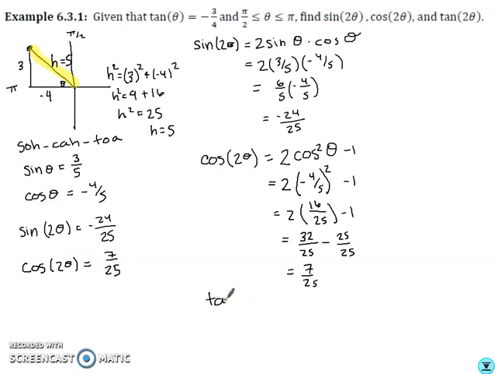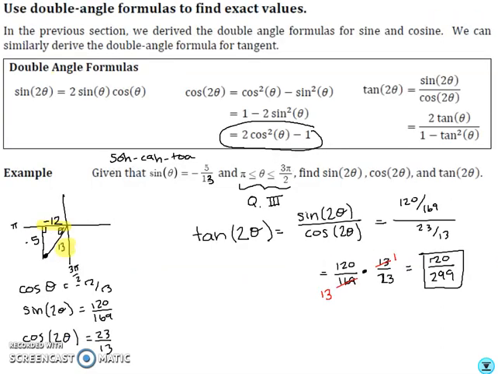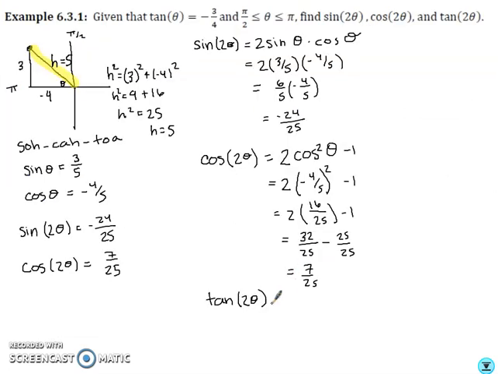And last, I've got tangent of 2 theta. And going back, I will go ahead and use my sine 2 theta over cosine of 2 theta. Sine of 2 theta is negative 24 over 25, and cosine of 2 theta we found was 7 over 25.